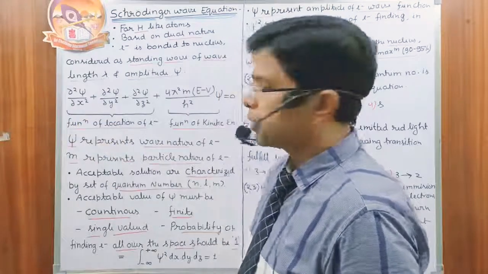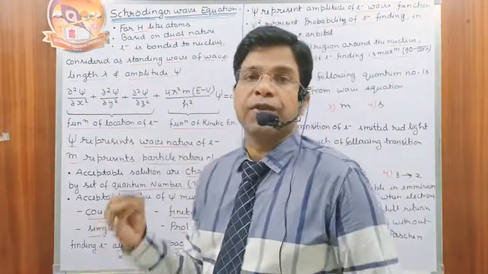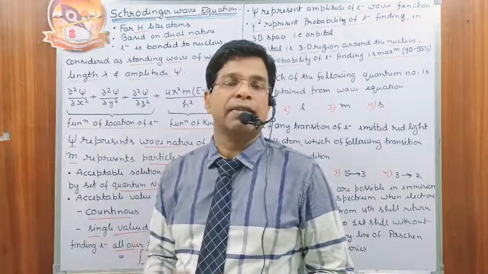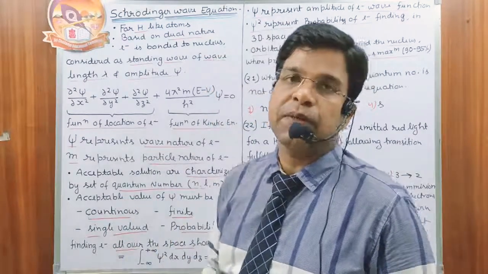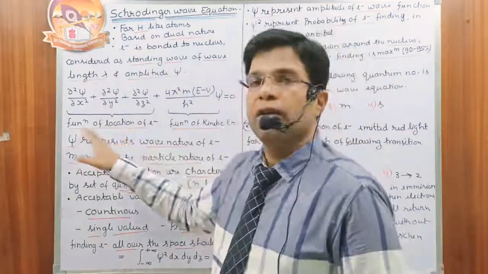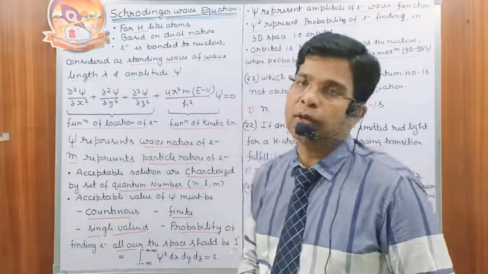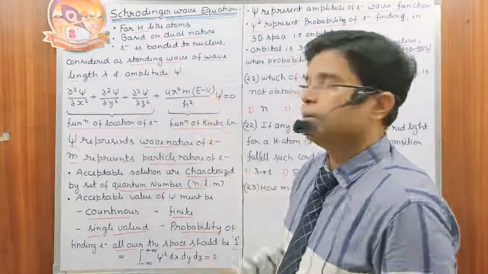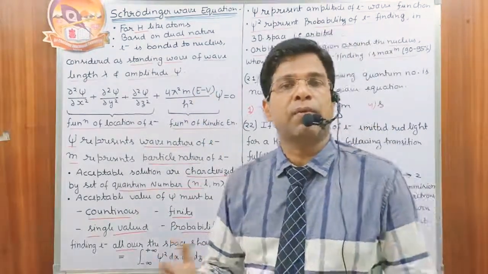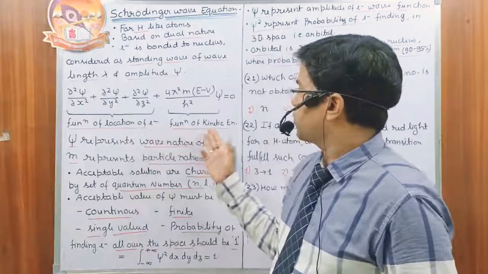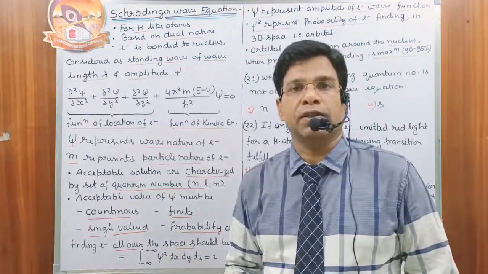So you see the first part provides us the information regarding the location of the electron on the x, y or z axis. It is the function of the location of the electron. And in the second part, total energy minus potential energy will provide the kinetic energy. So this part provides the function of the kinetic energy.